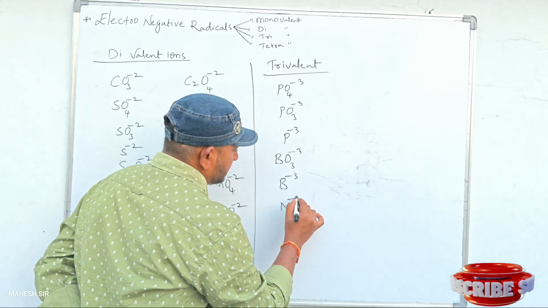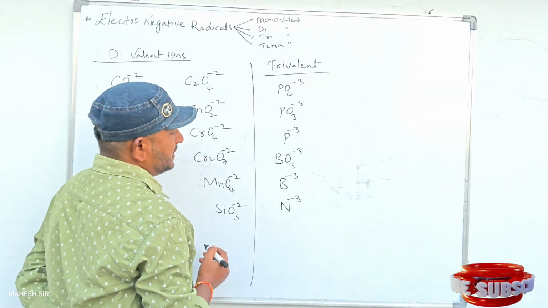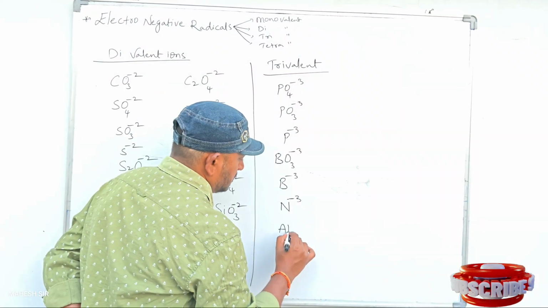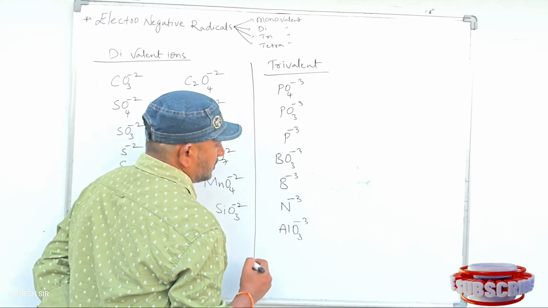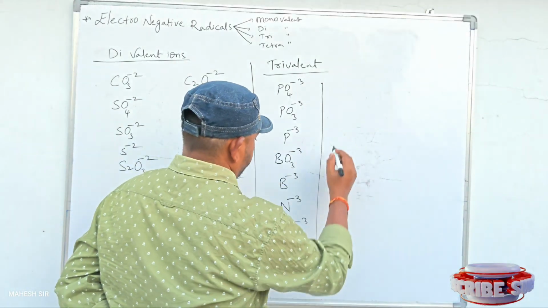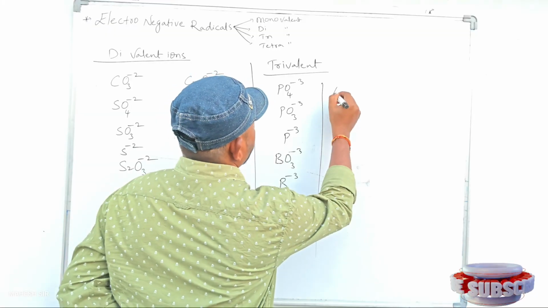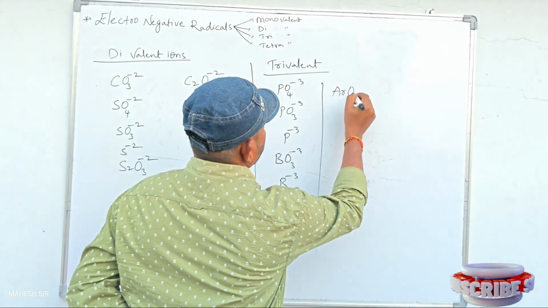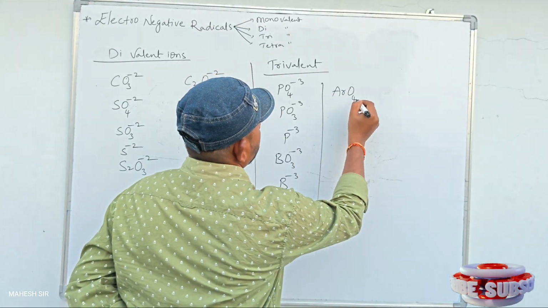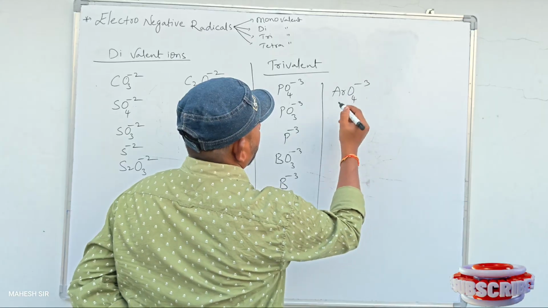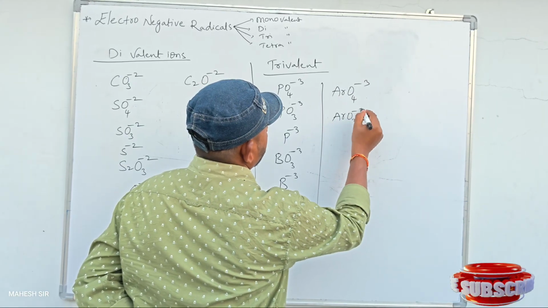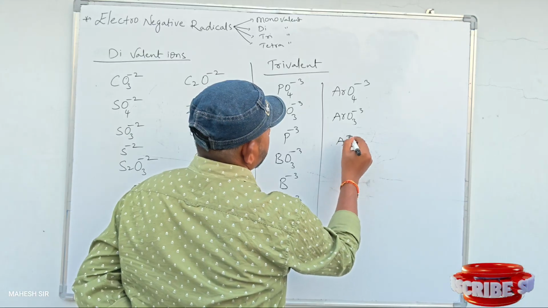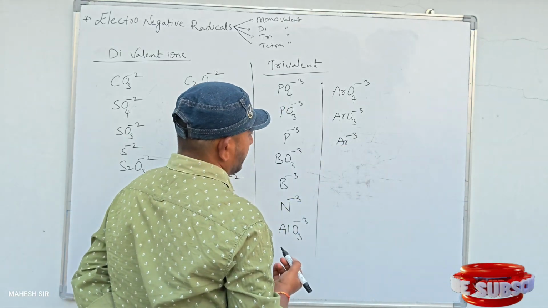Nitride, N minus 3, this is the nitride. AlO3 minus 3, aluminate. Arsenate, AsO4 minus 3, arsenate, arsenite, arsenide.